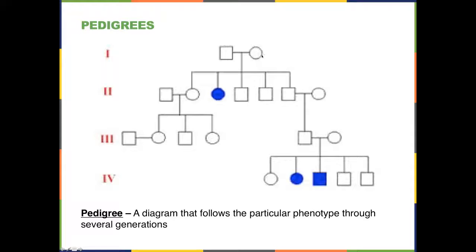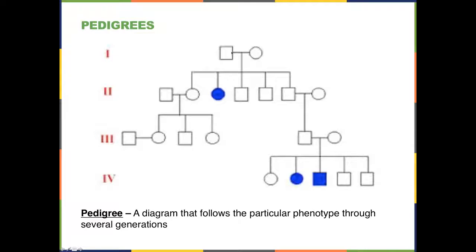First of all, the squares are males, the circles are generally females, and when they're joined by a line, it means that they're married, they're having children, they're mates. And these are their children. Anything connected to this line is their children. So these represent their children.